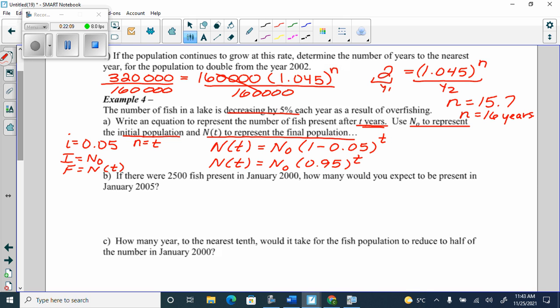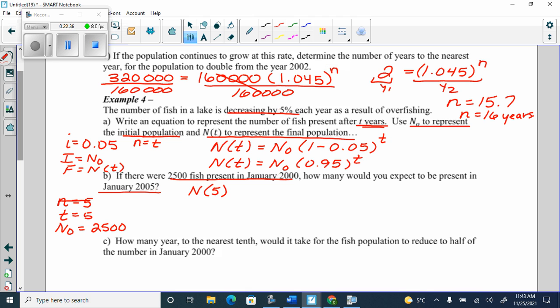Then it says, if there were 2,500 fish present in January 2000, how many do you expect in 2005? So T is 5, and your initial, N sub 0, is 2,500. So we have to find N of 5, because we can fill in for T this time.